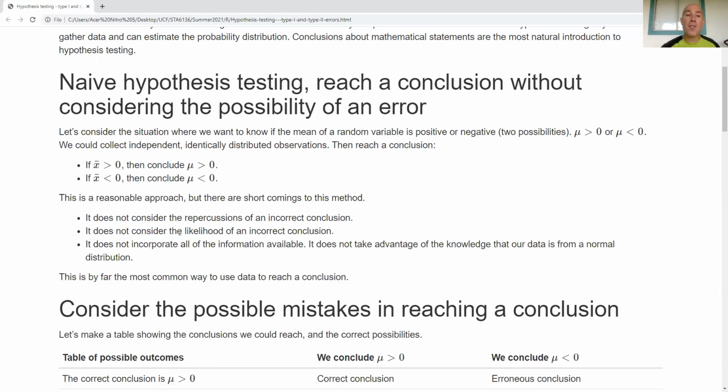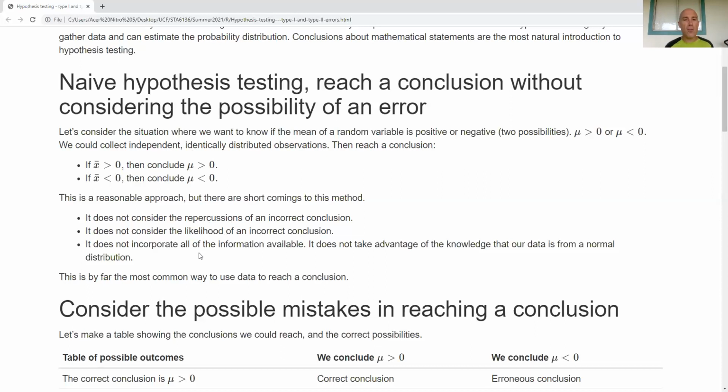Now, it also doesn't consider the likelihood of an incorrect conclusion. There are two things going on when we talk about risk: the magnitude of the penalty for being wrong, and the likelihood of us making the wrong conclusion. We have to include both if we want a full, complete picture. The next shortcoming is that if I have normally distributed data, I didn't take any use of that.